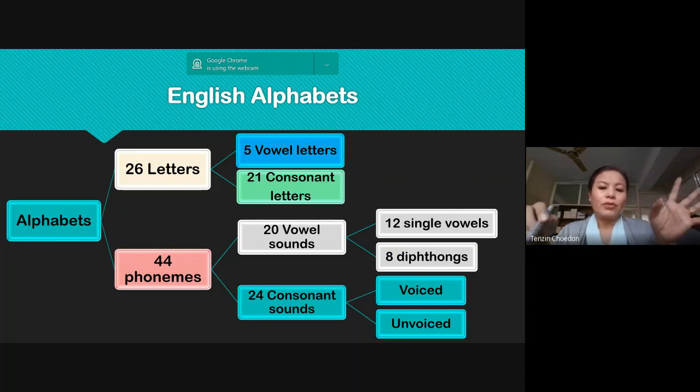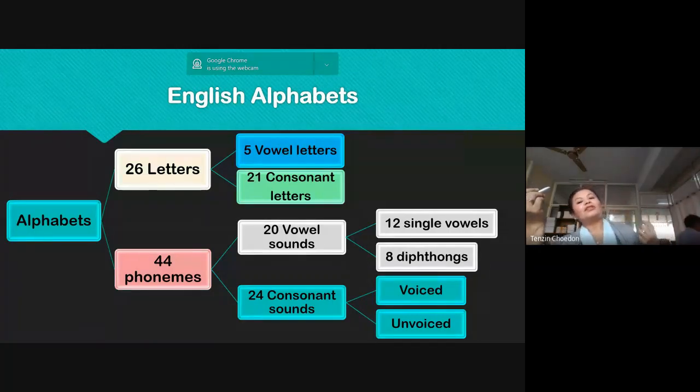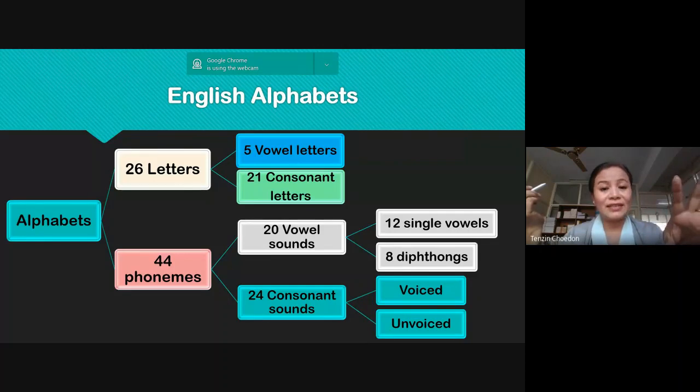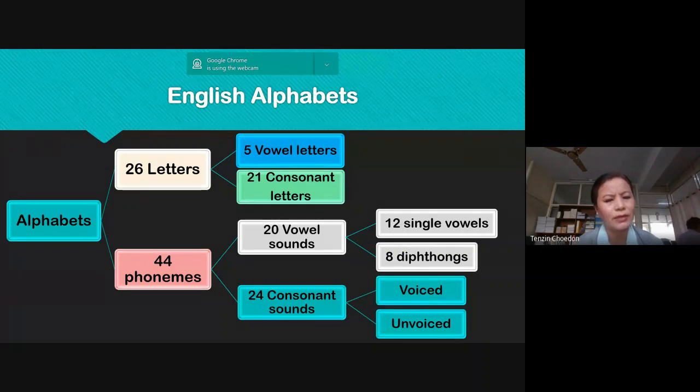Because we have 20 vowel sounds, but the 5 vowel letters A, E, I, O, U are just the grapheme, the written representation of those sounds. These are vowel letters and vowel sounds. Again, 24 consonant sounds. Yes, someone wants to ask something?